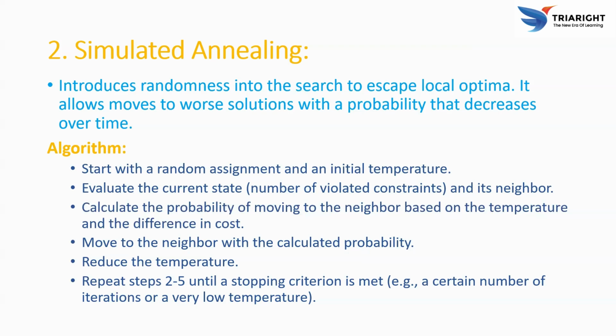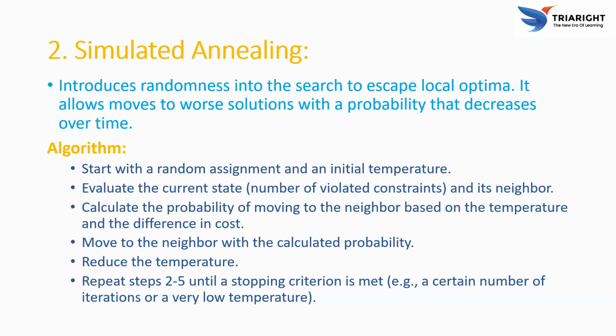Here are the initial states. We take the initial state and temperature: start with a random assignment and a high temperature T. The temperature is a parameter that decreases over time according to the annealing schedule, right? The objective function is the same as in hill climbing, typically the number of violated constraints. For generation, randomly select a single neighbor of the current state, and for the acceptance criteria, calculate the energy difference between the new state and the current state.